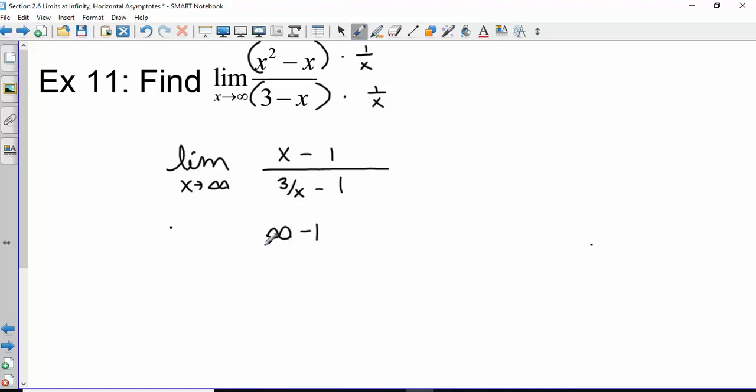If I plug in now, I get infinity minus 1 over 0 minus 1. Infinity minus 1 is still a really huge number, divided by negative 1. So this is going to give me a negative infinity. So sometimes you try something and it doesn't work, and you have to try something different. Don't get discouraged just because it didn't work out the first time. Keep trying.